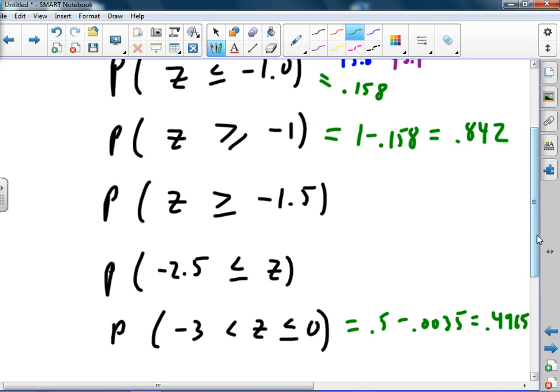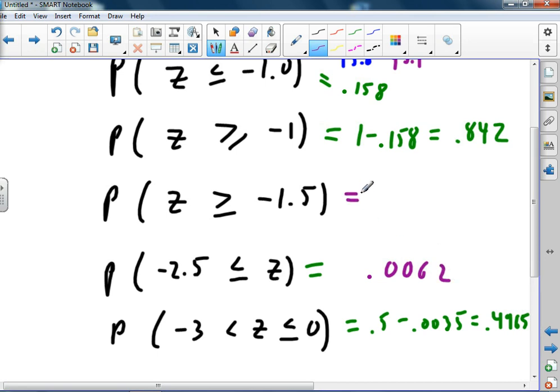So we want -2.5 is less than or equal to Z. We'll do that one first, and we look in for -2.5, and we read a number of 0.0062.